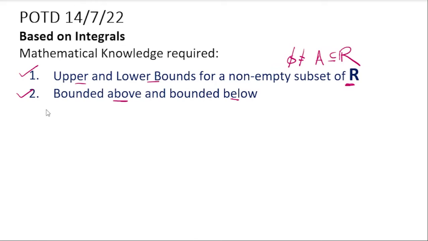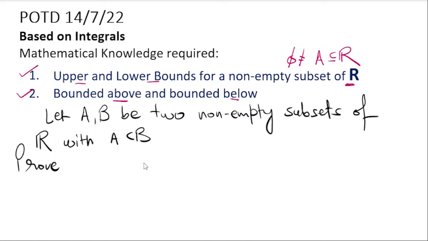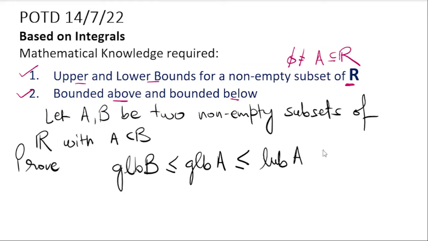We are given that A and B are two non-empty subsets of the real line R with the condition that A is a subset of B. Then we have to prove that the greatest lower bound of the set B will always be less than or equal to the greatest lower bound of the set A. Further, it will be less than or equal to the least upper bound of the set A, and it will be less than or equal to the least upper bound of the set B. So I'm interested to prove this.